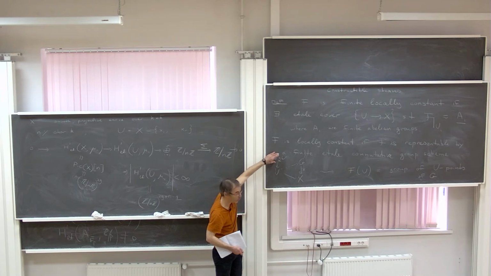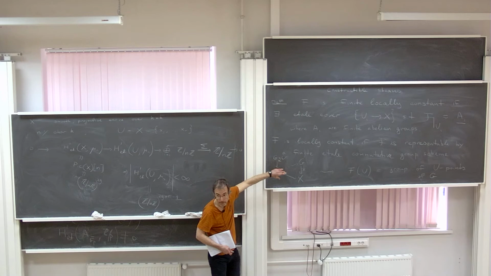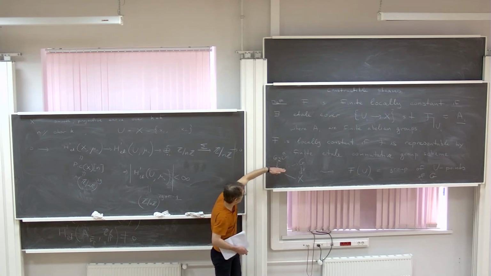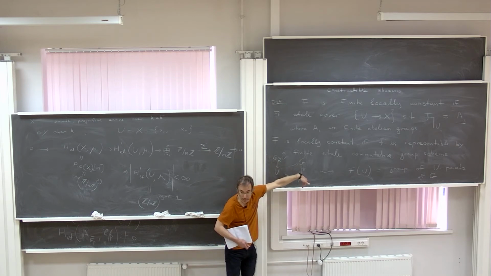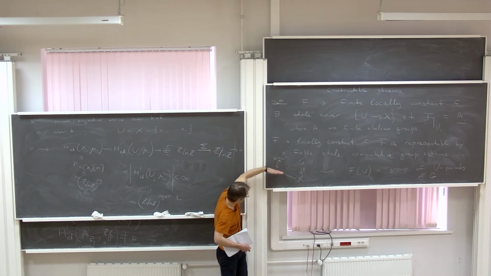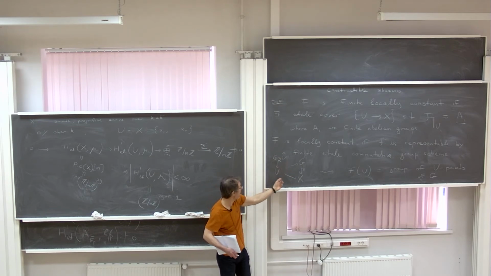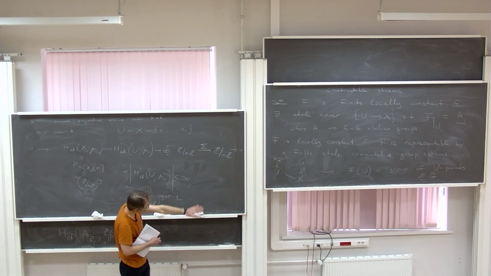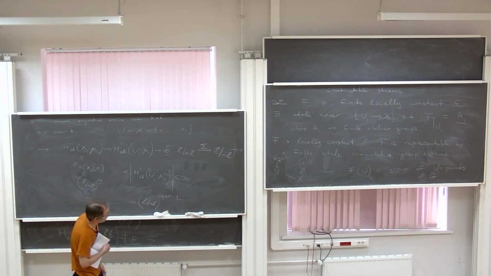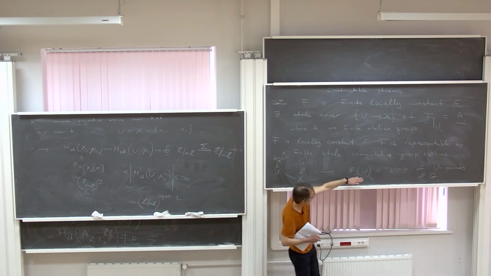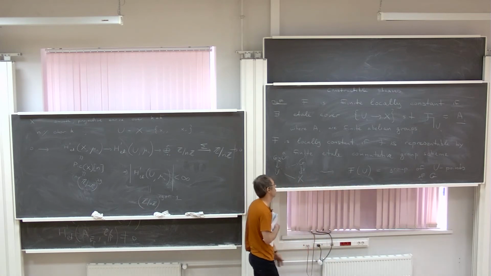So it's isomorphic to a disjoint union of copies of U. So in this case, that means that for every finite étale group scheme, I can construct U such that the pullback of this group scheme is a discrete group scheme, isomorphic to some constant discrete group A times U. And this shows that this sheaf of sections is indeed a locally constant sheaf.